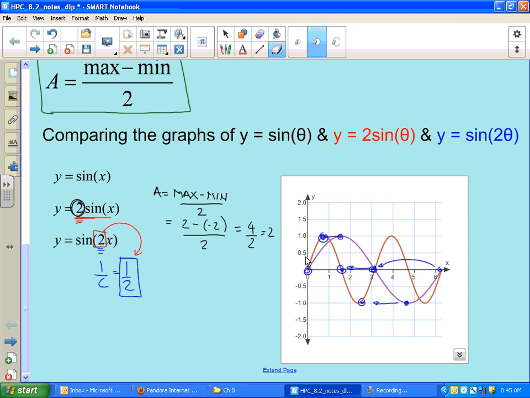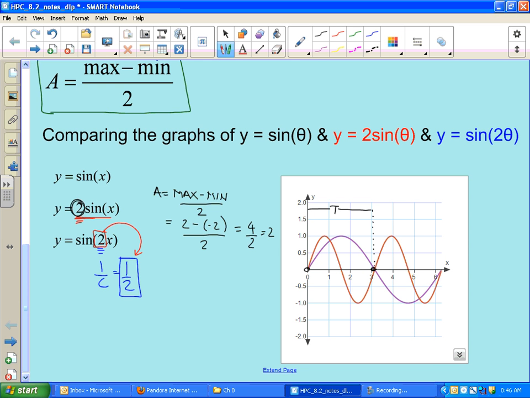Now, you'll notice it also did something else. Let me erase the points off the curve here. This is another interesting thing to consider. Notice what happened to the period of our curve. Here's a full period of the sine curve, starting, going through its cycle, ending at the same spot to start over its repeated pattern.